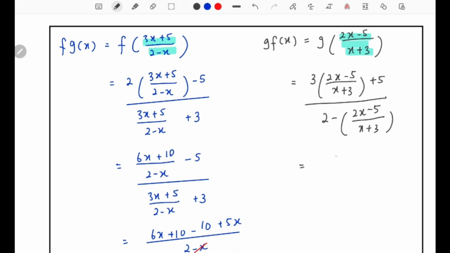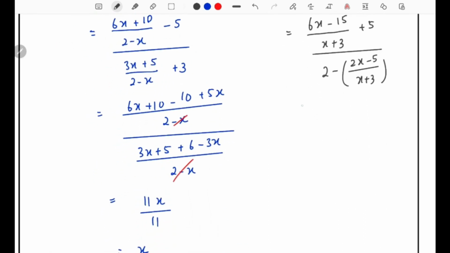Then simplify. Equate denominator. Equate denominator.